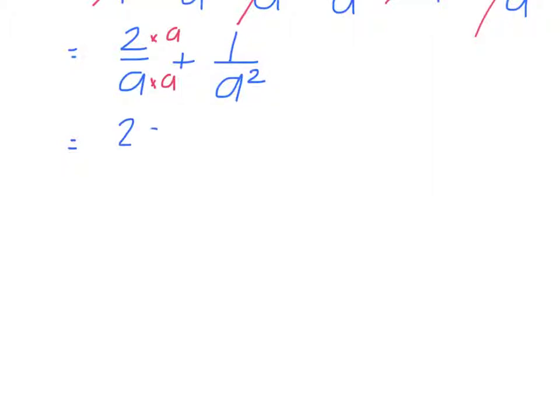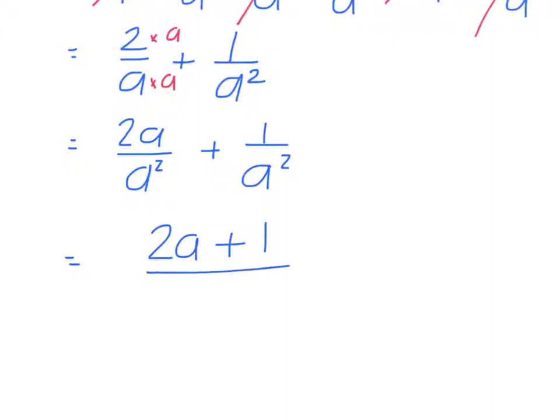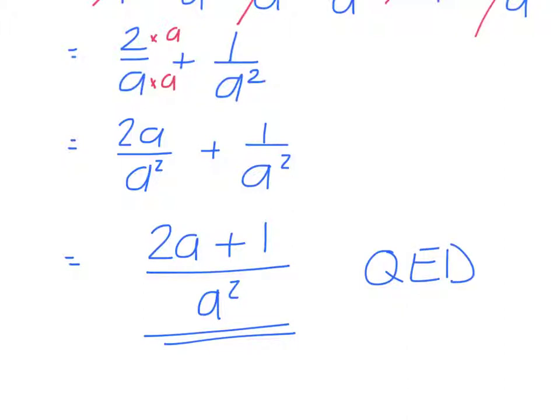So that would be 2a over a times a, which is a squared, on the bottom of this one, plus 1 over a squared. Putting them together, that gives us 2a plus 1 over a squared. That's what we set out to do, so that's the end of our question.